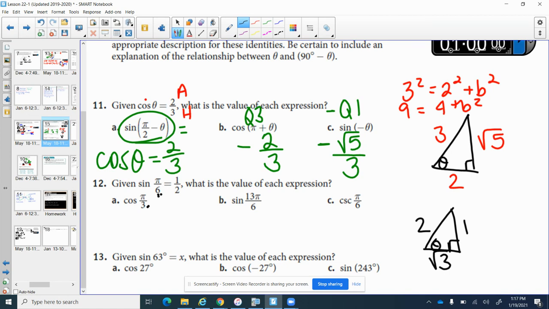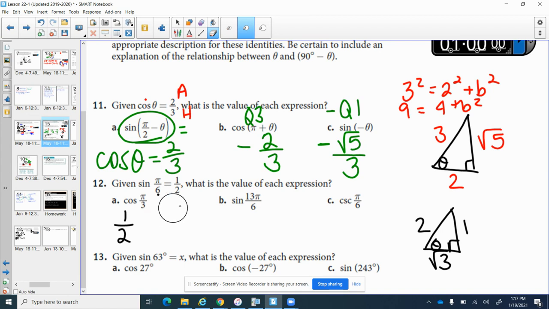So the cosine of pi over 3 is going to be the same thing as the sine of pi over 6, because again, it's the same idea as saying the sine of pi over 2 minus this value, which is the pi over 6.